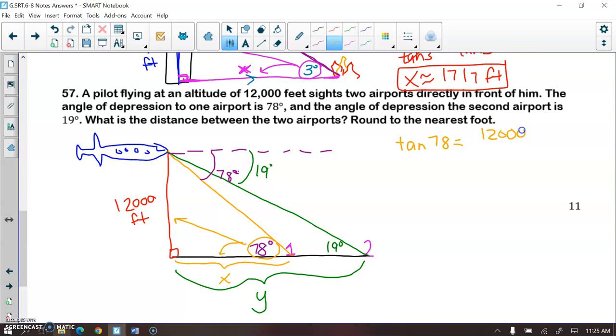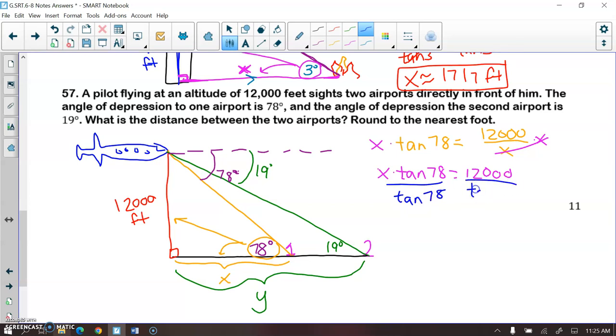12,000 feet over X. Getting X to the other side, I multiply by X. And then dividing by the tangent of 78.